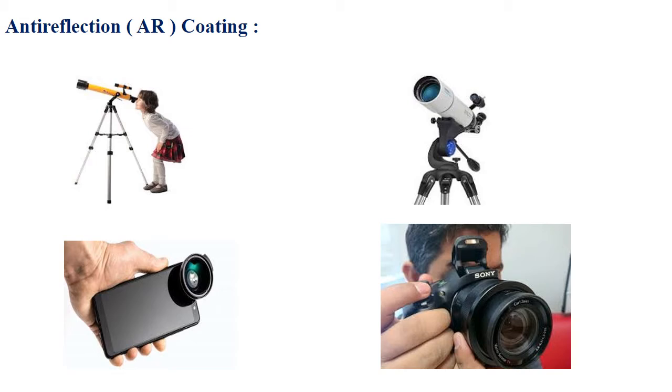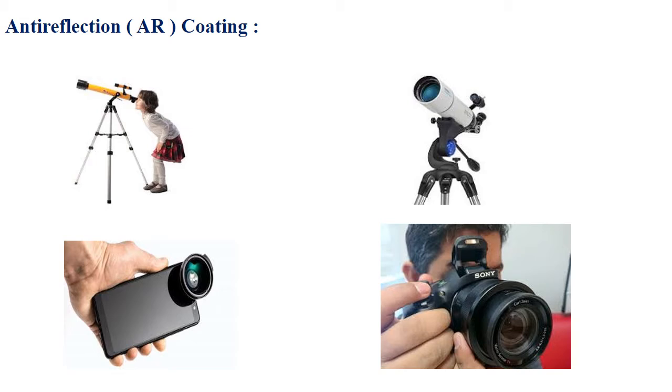The scattered light from the object falls on the lens of the camera. If a large amount of the light gets reflected, then we will get a dull image of the object, because the transmission of light through the lens of the camera onto the photographic plate will be very less.